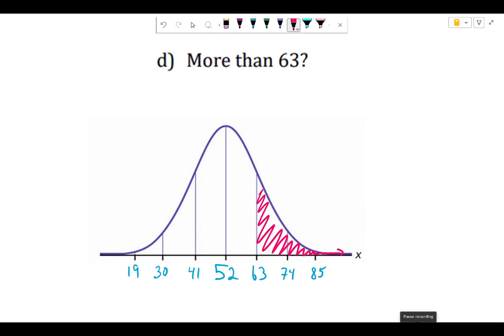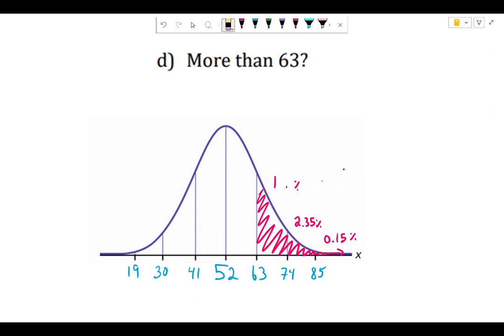This would include everything in this 13.5% region, everything in this 2.35% region, and everything in this 0.15% region. If we add all of these up, we see that this is 16% of the data values.